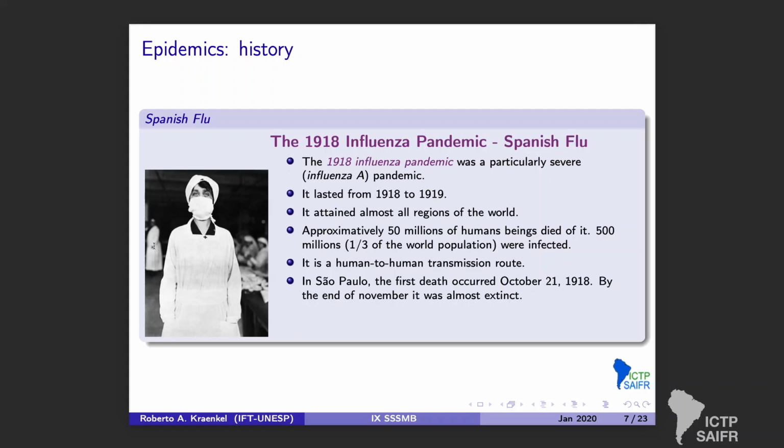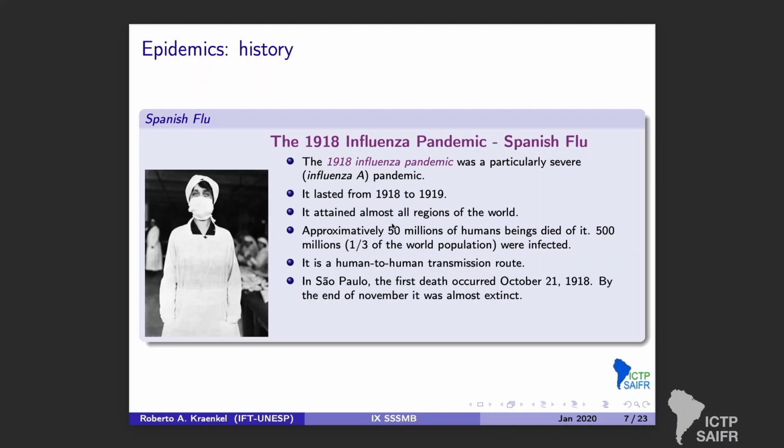It actually has nothing to do with Spain. It was a historical error, but it got this name. And this was very frightening. An estimated 50 million human beings died of it. One third of the world population was infected.